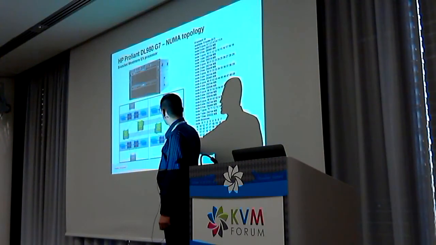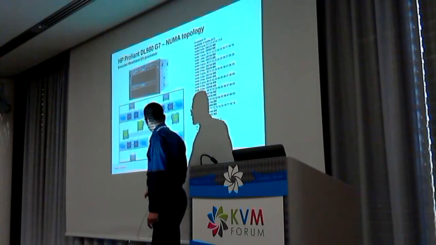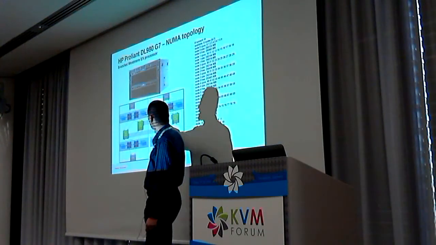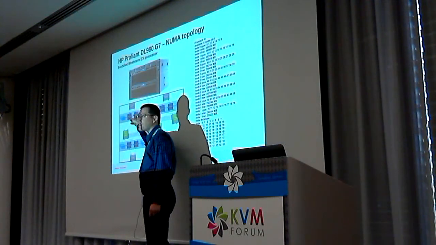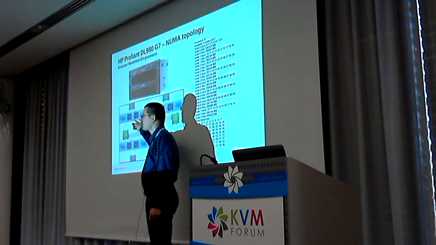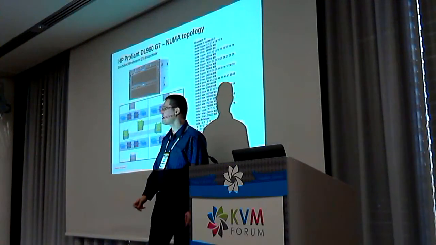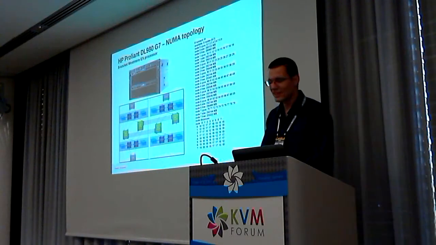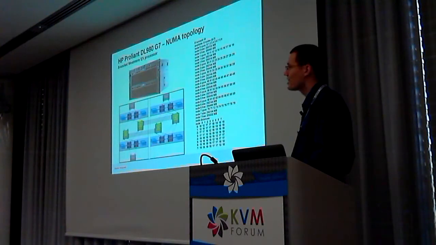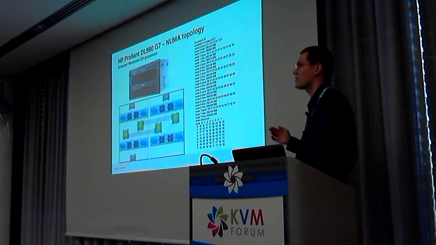But if this processor here wants to access the memory over there, it has to send a message through the node controller, which has to send a message to the next node controller, which then has to send a message there, and hopefully it can get the memory from there. If you're out of luck, the memory might be dirty in the cache over here, and it's going to take even longer to get. So the larger the system gets, you can see the more overhead is involved in accessing memory that is not local to the CPU, but remote on a different node.